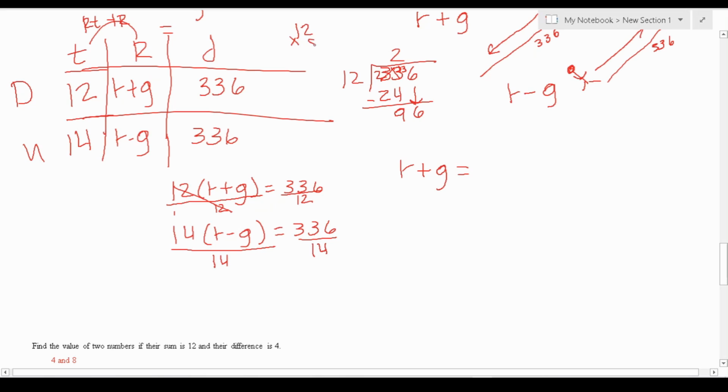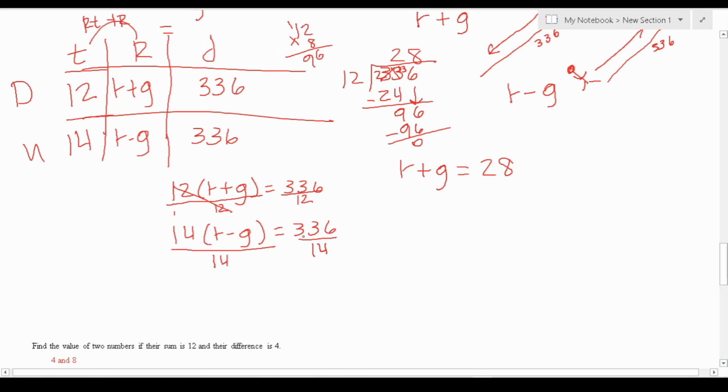But we should be able to see that it's going to be 8, insofar as 2 times 8 is 16. Carry the 1. 8 times 1 is 8 plus 1 is 9. So we know that this is going to be 8. 8 times 12 is 96, which is going to leave us with no remainder. In other words, 336 divided by 12 is 28.